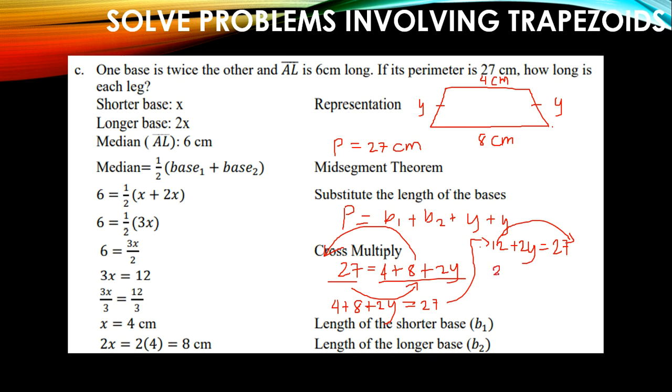So 2y equals 27, then change the sign, so 12 becomes negative 12. So 27 minus 12. Then 2y equals 27 minus 12, so 7 minus 2 is 5, and 2 minus 1 is 1. Then divide both sides by 2.